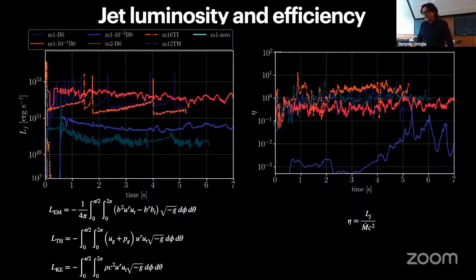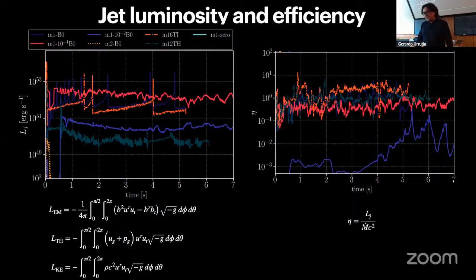Well, we can see the efficiency of the jet, which we evaluate with respect to the accretion, meaning the kinetic energy of the infalling material, and how much the jet is powered with respect to this accretion rate.